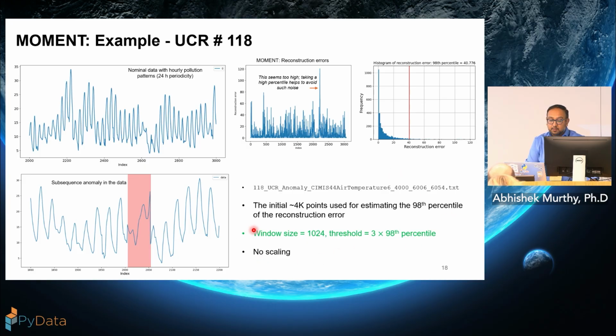And here it's really important to determine the size of those windows. Internally, Moment uses fixed size windows, but you can always use different sizes. And so window size and threshold tuning are important parameters.